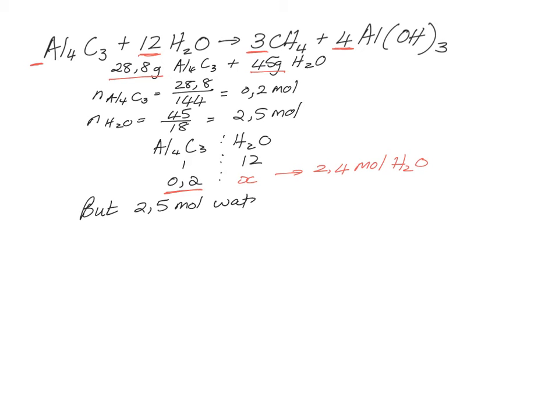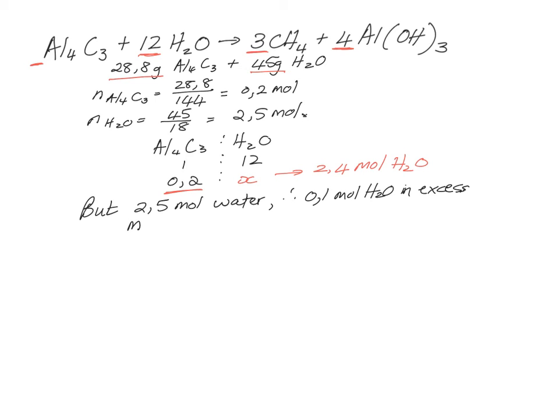You will see we actually worked it out over here. So we've got 2.5 moles of water, therefore we've got 0,1 mole of water in excess. But the question asks you how much of the reactant is in excess.